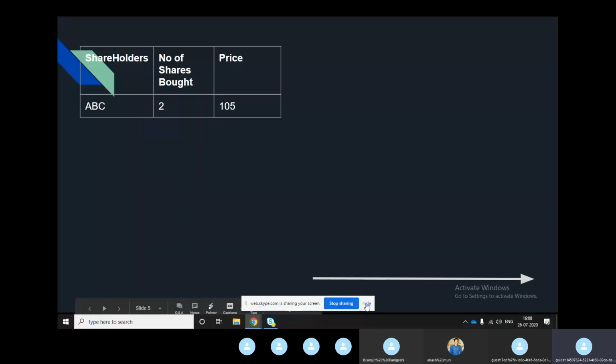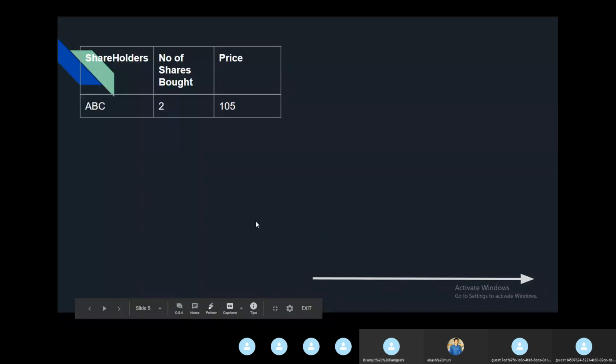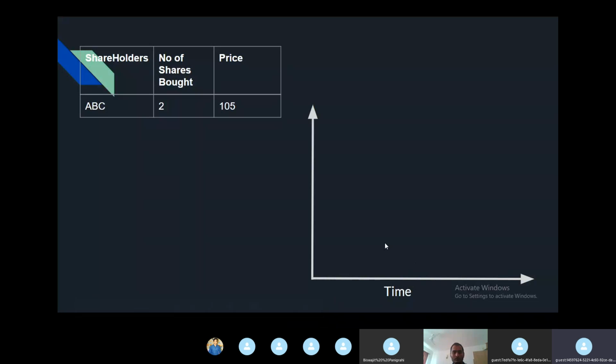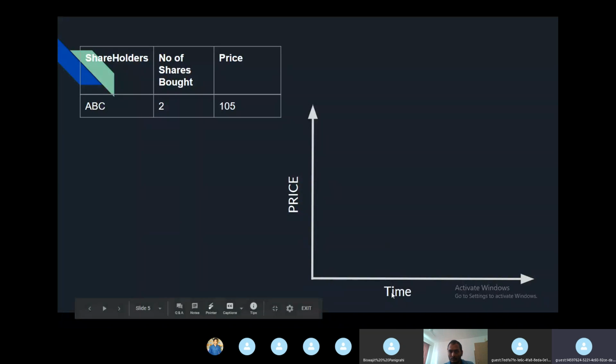So let's say this is an x-axis. For any chart, we need an x-axis and a y-axis. The x-axis has time as a component, and the y-axis has price as a component. So this is the price, this is the time. We will be plotting this share's price versus time.